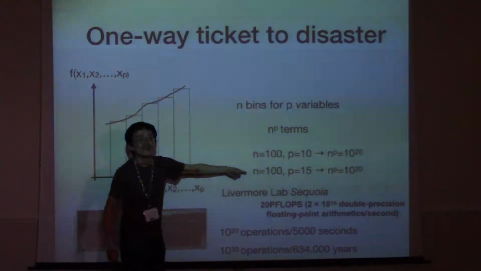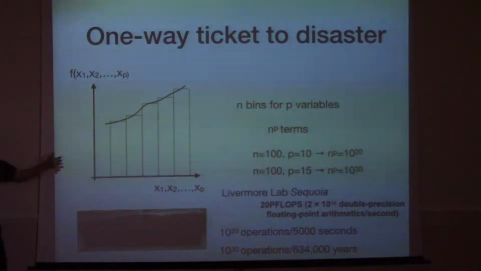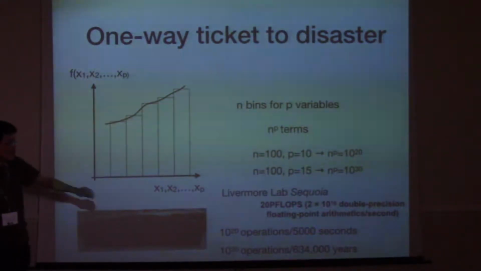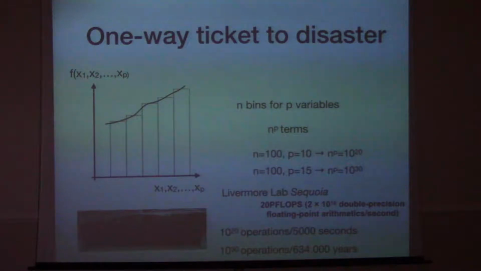It takes 5,000 seconds for this, and 634 years for this case. So just 15 variables, 100 bins for each, takes more than 600,000 years. And I tried to see the meaning of this number. First I thought, okay, at that time probably all human beings were in Africa, but actually that's not precise, and Homo sapiens wasn't in the world at that time.